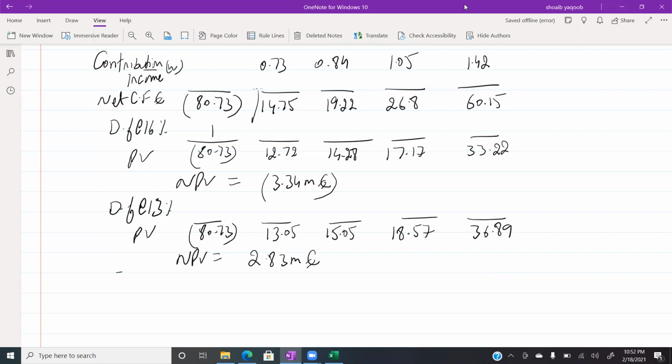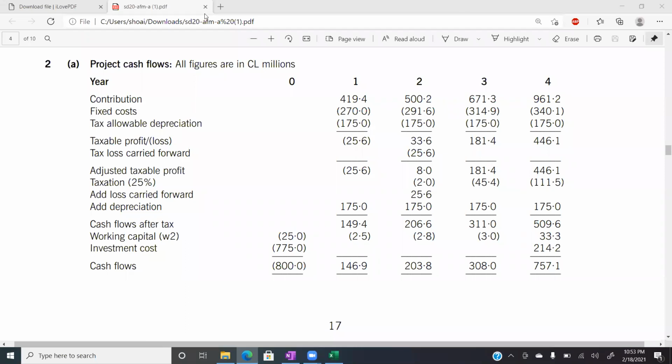So guys, let's move to the answer and let's read what the examiner has done there. So we have done that part, the numerical part.